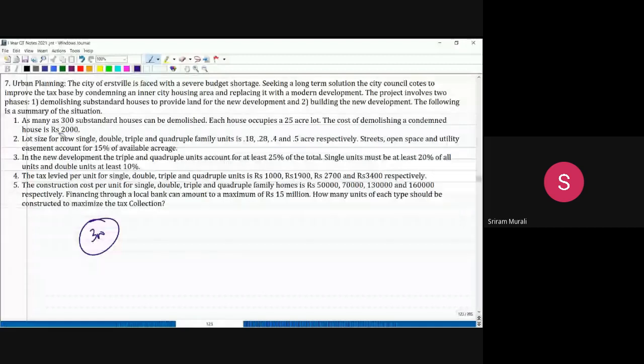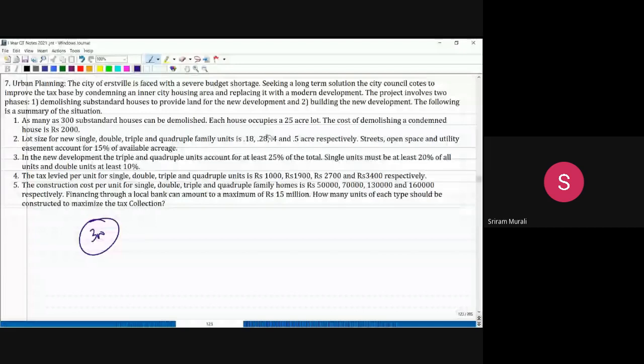The lot size: once you demolish, we want to construct the 1-story, 2-story, 3-story, 4-story buildings. A 1-story building occupies 0.18, a 2-story building 0.28, then 0.4, 0.5. What is that in 25 acre?